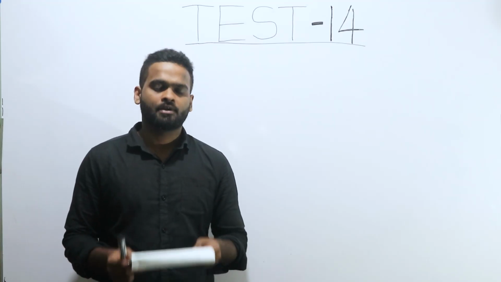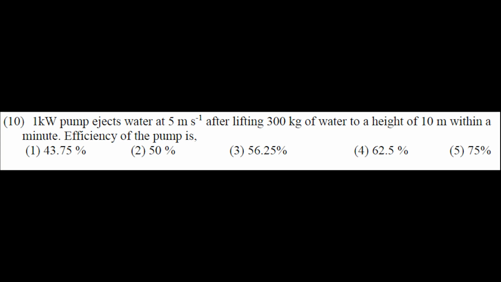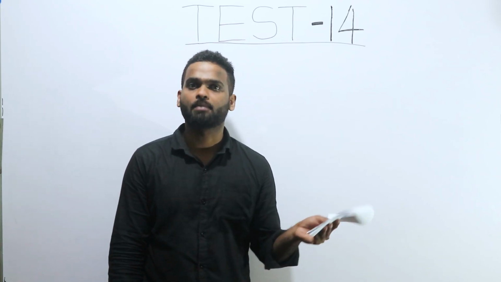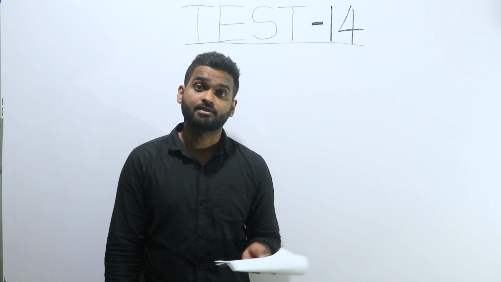10th question. 1 kilowatt pump ejects water at 5 meters per second after lifting 300 kilogram of water to a height 10 meter within a minute. Efficiency of the pump is. So what they ask is not the power. Power is given. Efficiency of the pump.